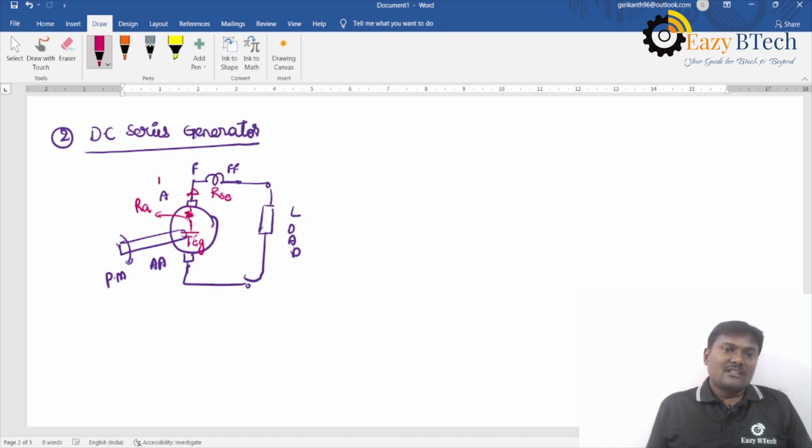The current delivered from the armature is Ia, the current flowing through the series field winding is Isc, and the current flowing through the load is IL. We have one relationship: IA is equal to ISC is equal to IL.